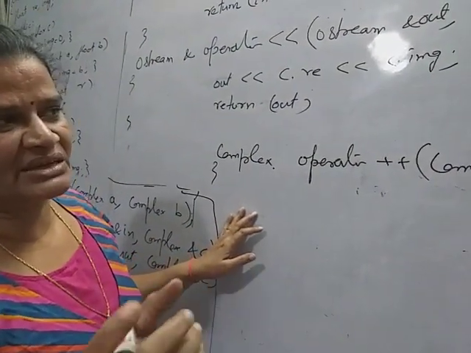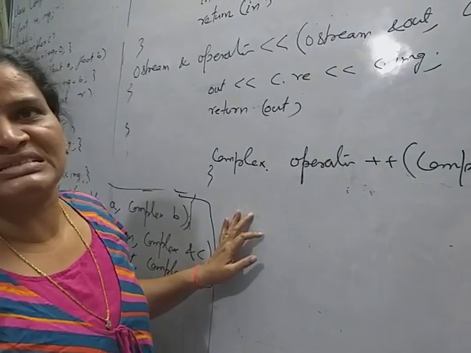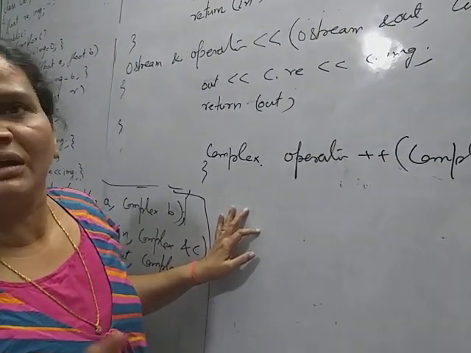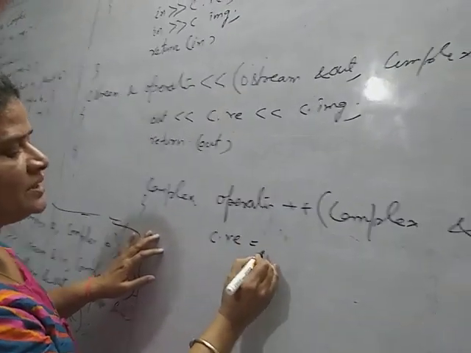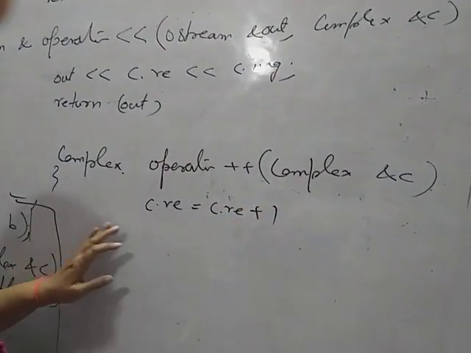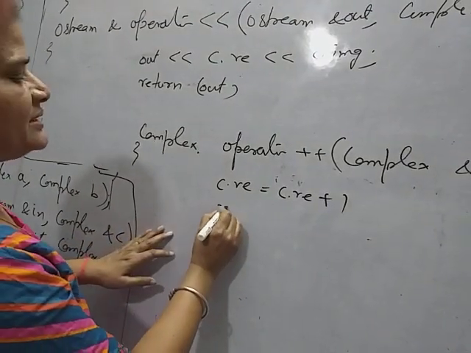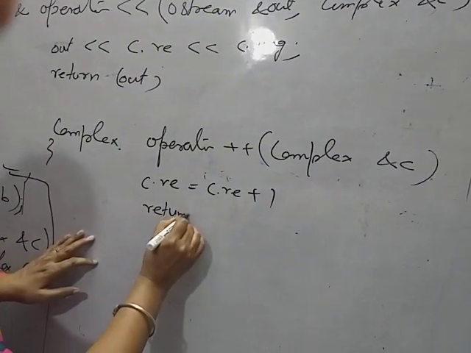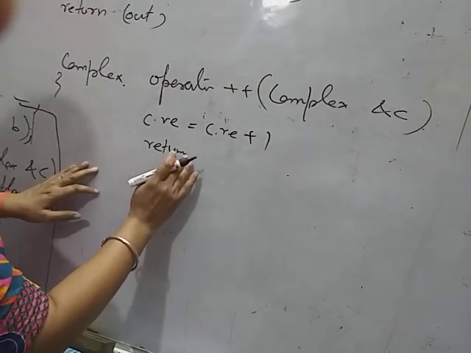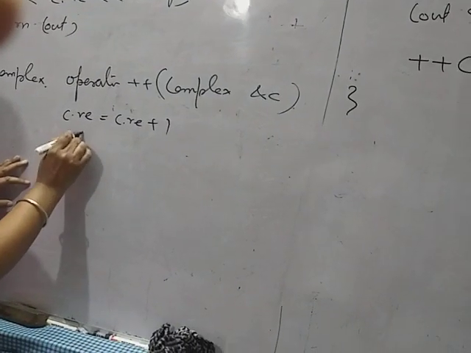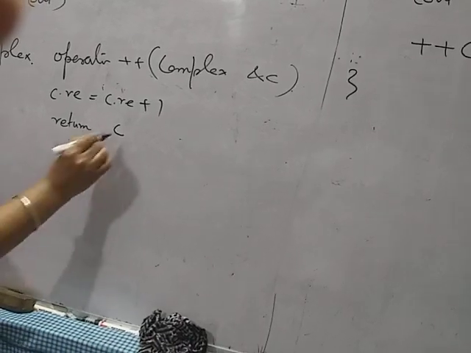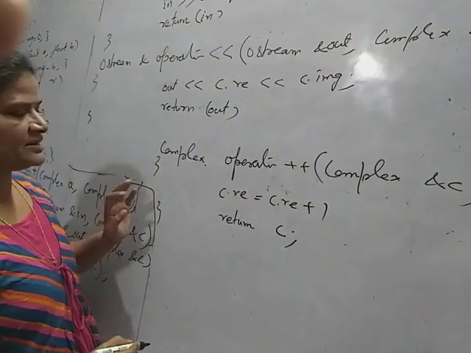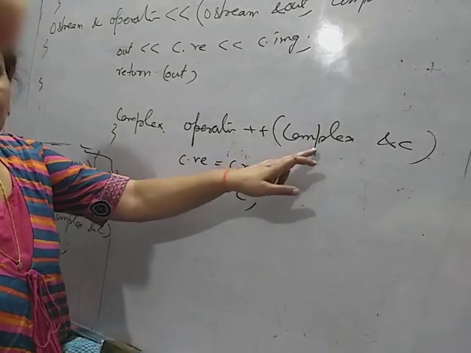So here I am taking the meaning that ++C1 means the 1 is to be added into the real part. Okay, so C.real = C.real + 1. Okay, and simply return C. Simply the C is returned here, the changes will be performed in C, and simply the changes will be reflected, but this return C is required.